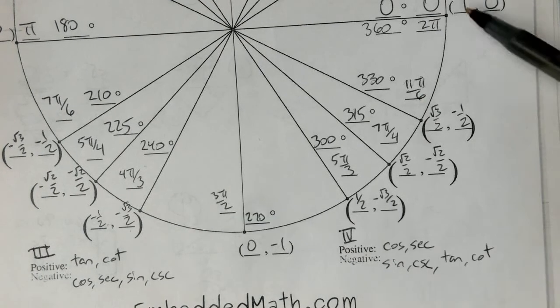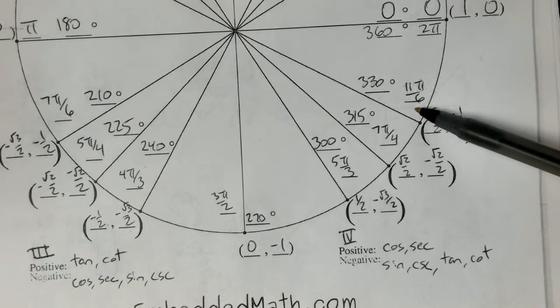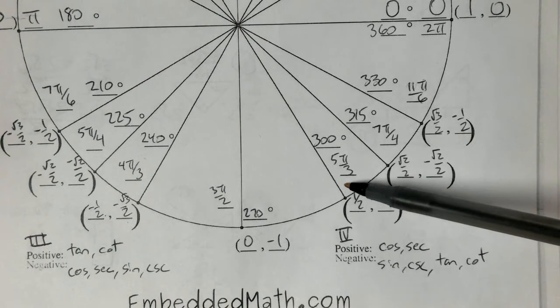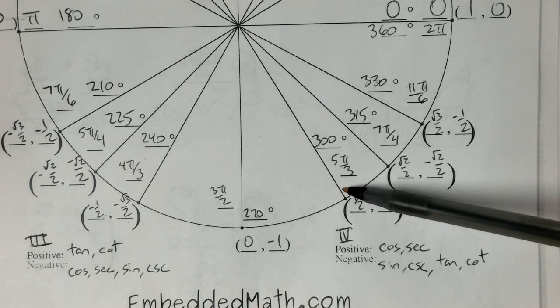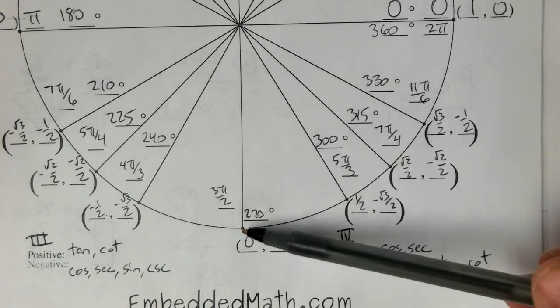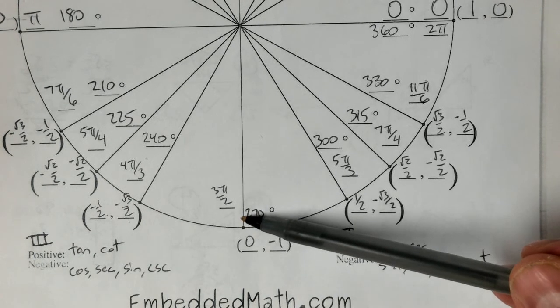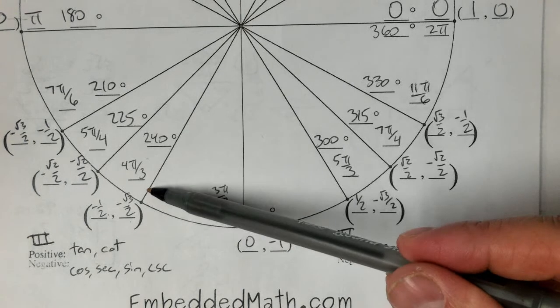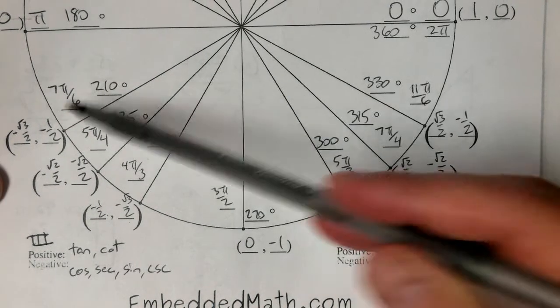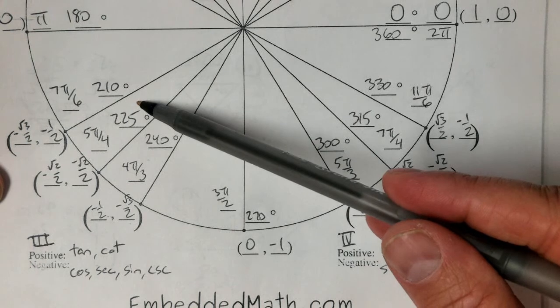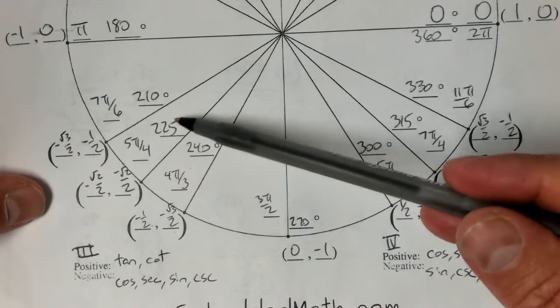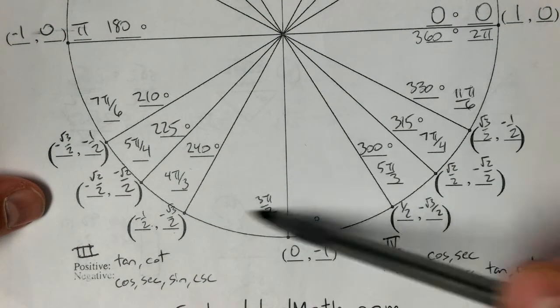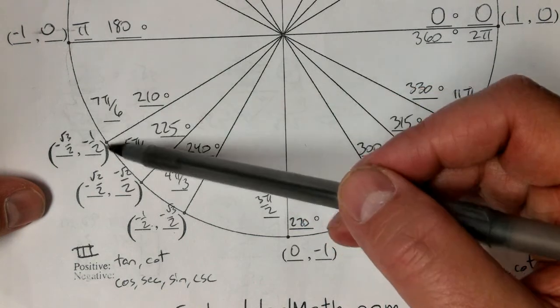So 1 pi over 6 would be here. 2 pi over 6 would be the same as 1 third. And 3 pi over 6 would be the same as a half. Then 4 pi over 6, and then 5 pi over 6. So going backwards, 5 pi over 6. Another way to look at it is go all the way to 6 pi over 6 and then come back 1.